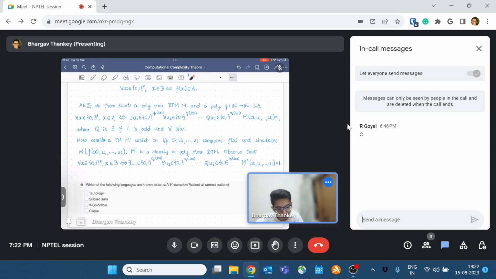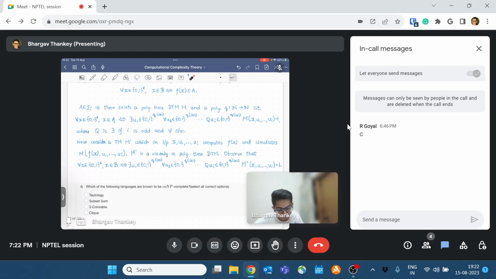Yeah, so it's because of this statement, right? Basically x is in B if and only if f of x is in A, and f of x is in A if and only if there exist U1 to UI so that M on input f of x, U1 to UI outputs 1, right? But what does M prime do?